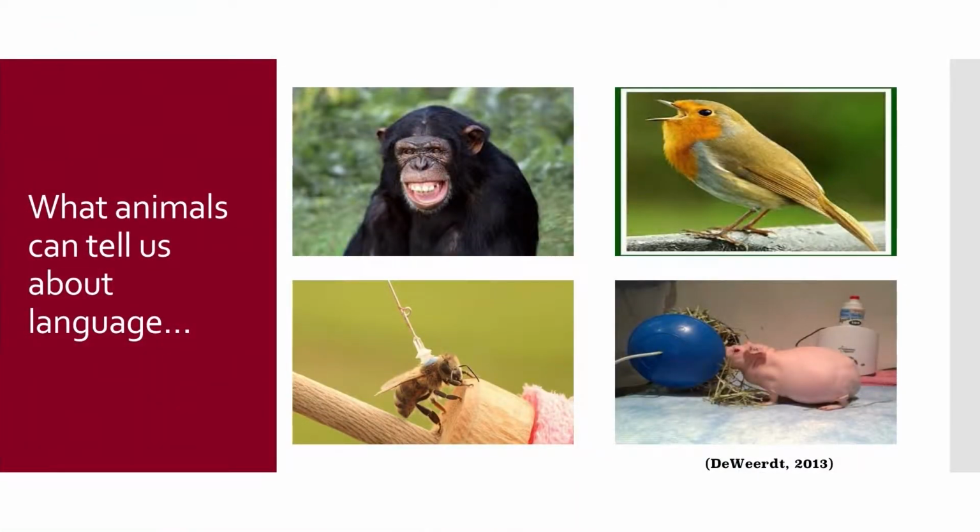Well, a number of researchers have used animals. How many of you have heard about chimpanzees learning sign language? Most of the room. And we know that honeybees do a dance to communicate when they get back to the hive to share information about where they found the most magnificent flower. Songbirds are known for mating for life, but what we've also learned about language development in songbirds is that they actually have two neural circuits.